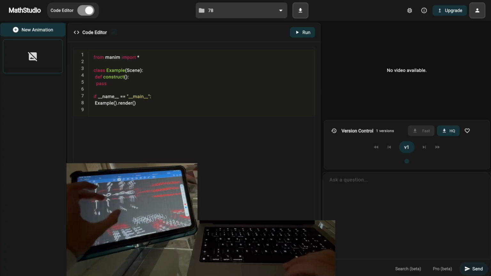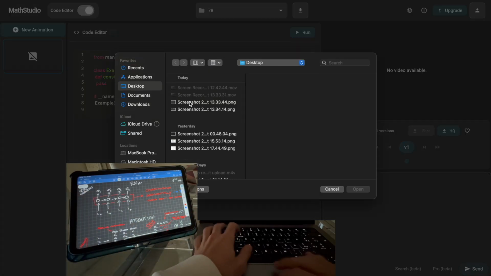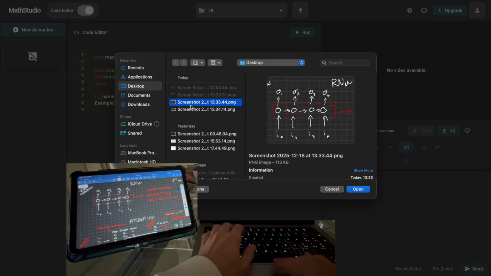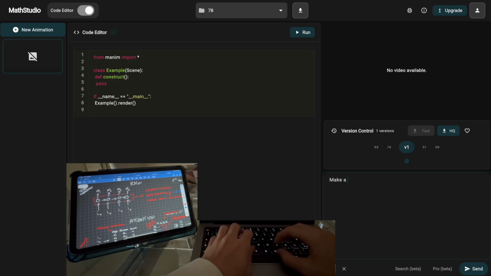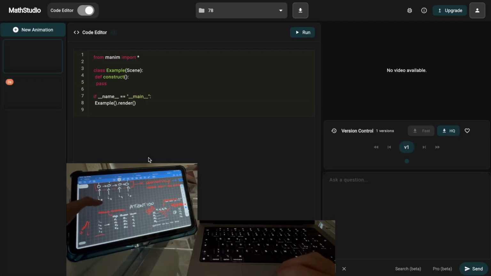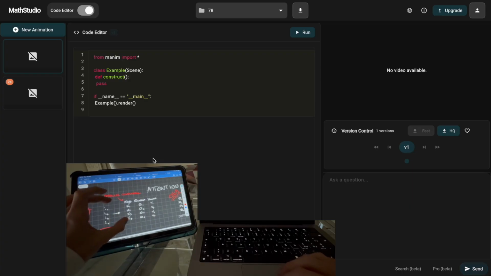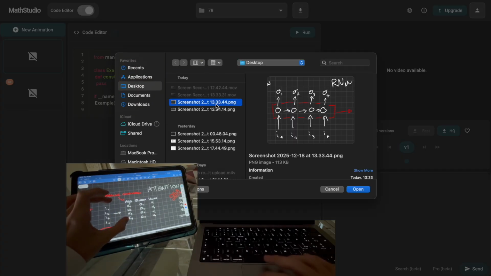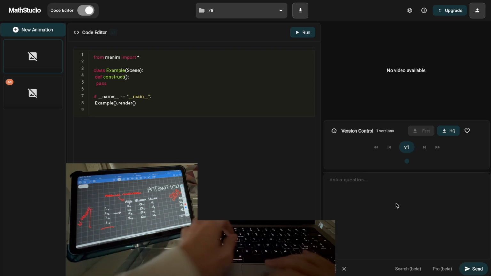We are starting out with the explanation of the attention, and we need the RNN, the picture of the RNN. Then I also want this one here with the blocks of the keys, queries, and values.